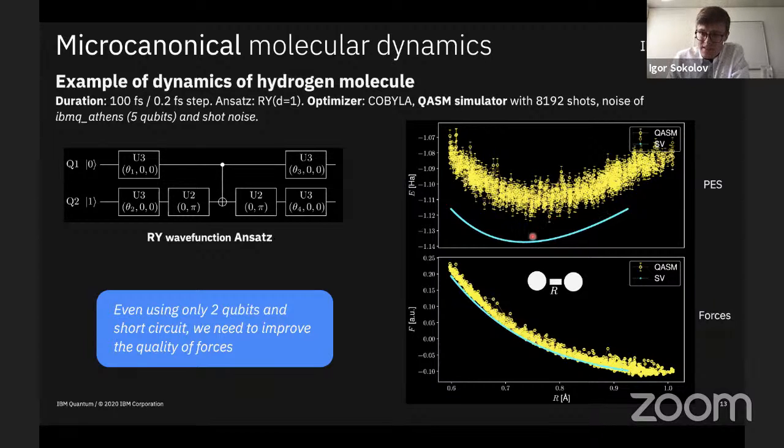You can see that we have a big gap, and the optimum bond length, the minimum of this well, has shifted. Having this huge error, we are not at all in chemical accuracy here. We still have forces which are somewhat decent. Of course, here we have a very bad area, but the forces are quite robust to noise, so we can still obtain some dynamics here.